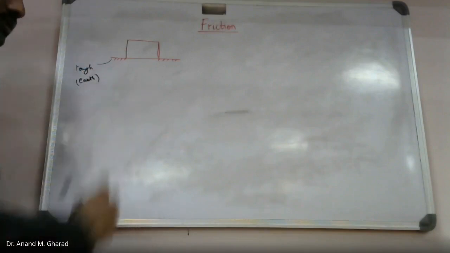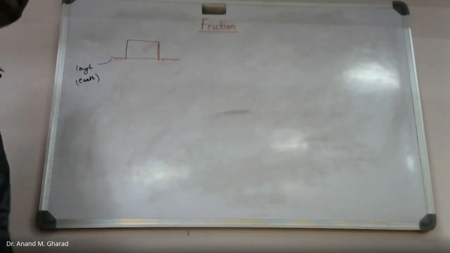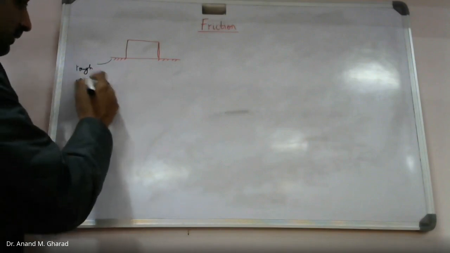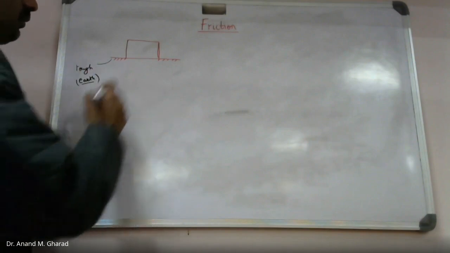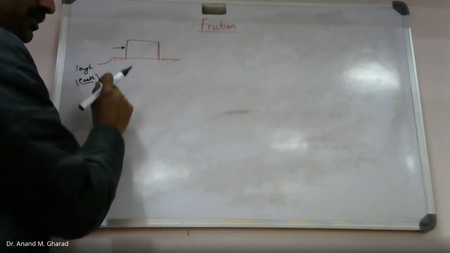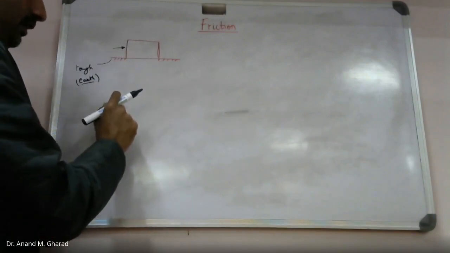The surface of Earth, you will never find it to be smooth. It is always rough. And by the nature of the roughness, Earth being a rough surface, what will happen if we try to push or pull this rigid body in one particular direction?